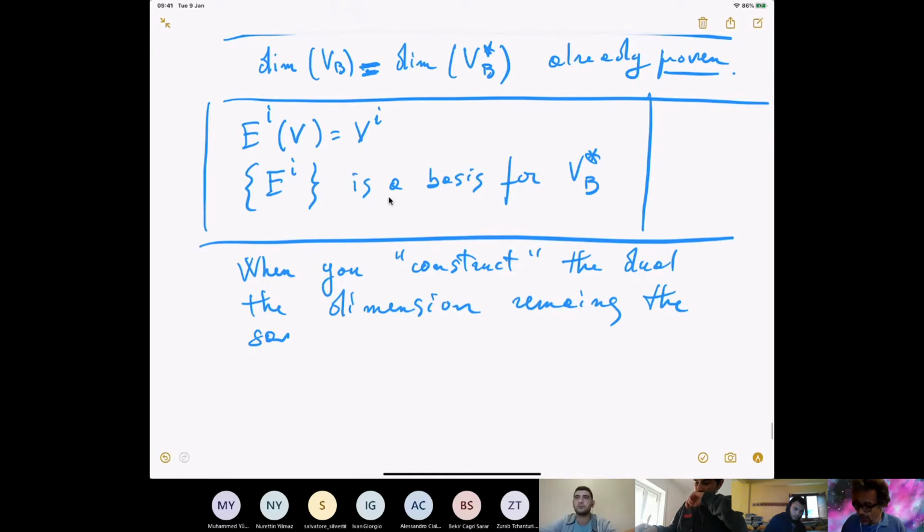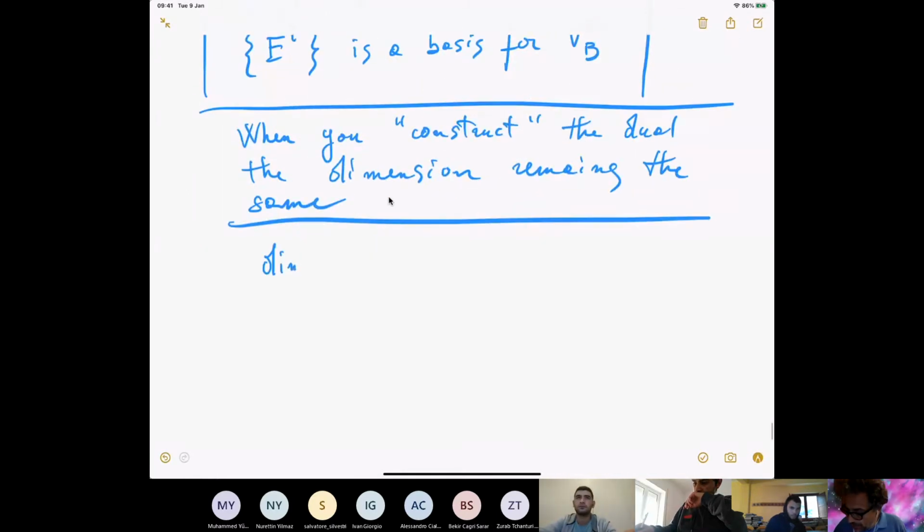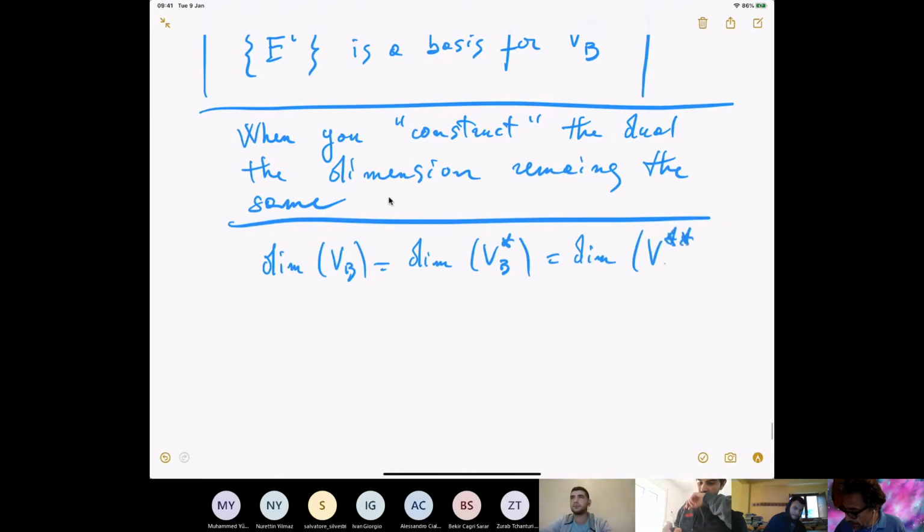Okay. So obviously, dimension of VB equal dimension of V star B equal dimension of V star star B. So building a dual is not increasing the dimension of the space.